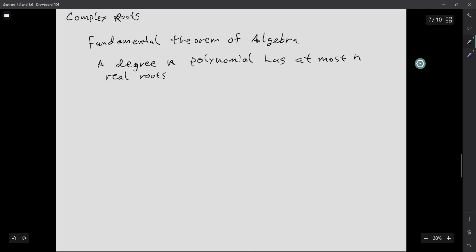And what I'm missing here is, I should say, with real coefficients.